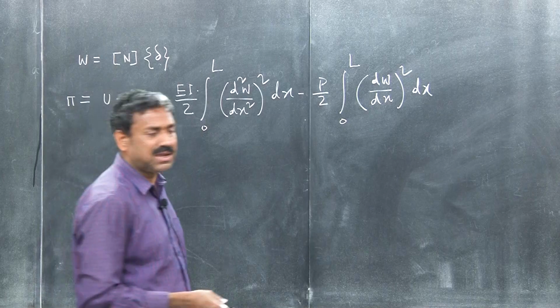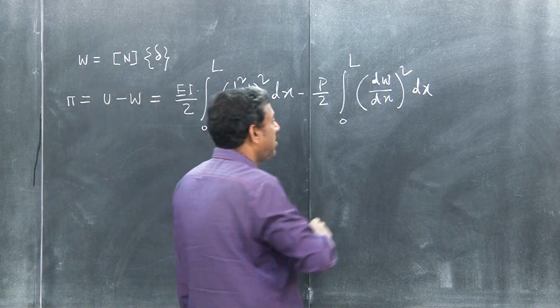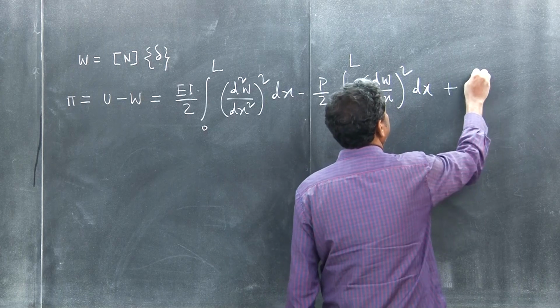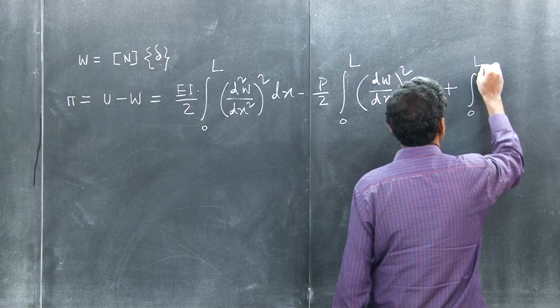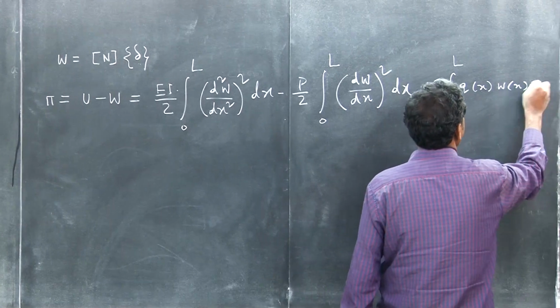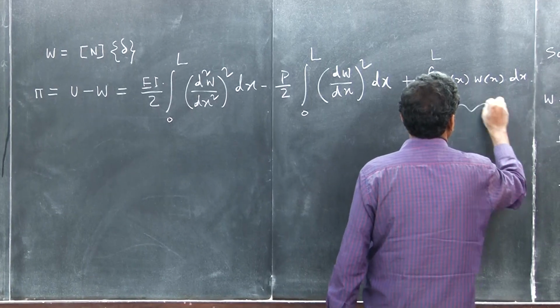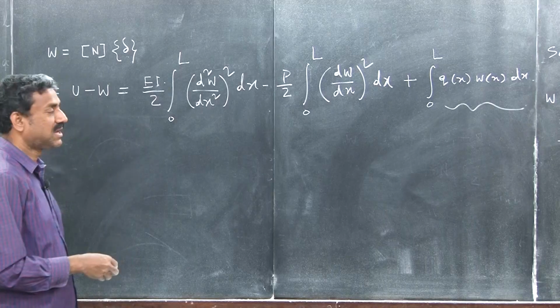I can have other terms like the load vector, but I am not considering that as of now. If you want to consider the load, you can definitely consider integration 0 to L of q(x) w(x) dx, no problem for the load vector. I am not considering how that results in the consistent load vector and things like that.